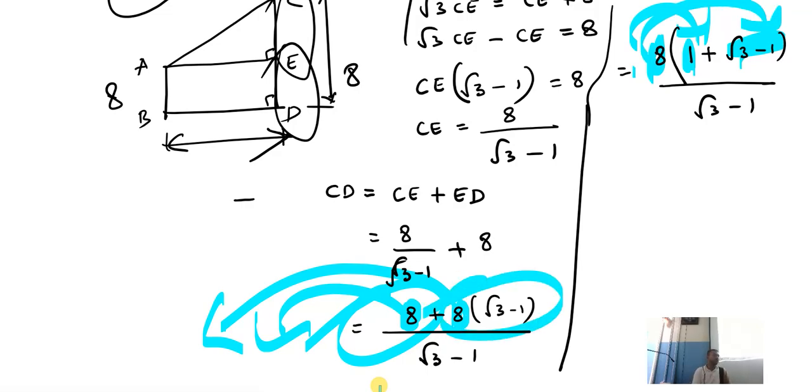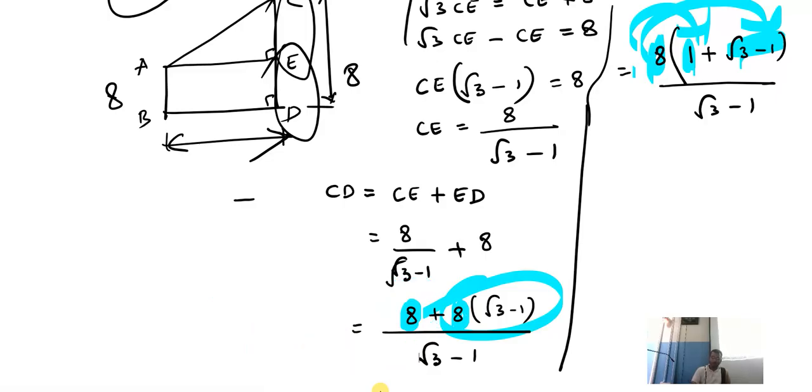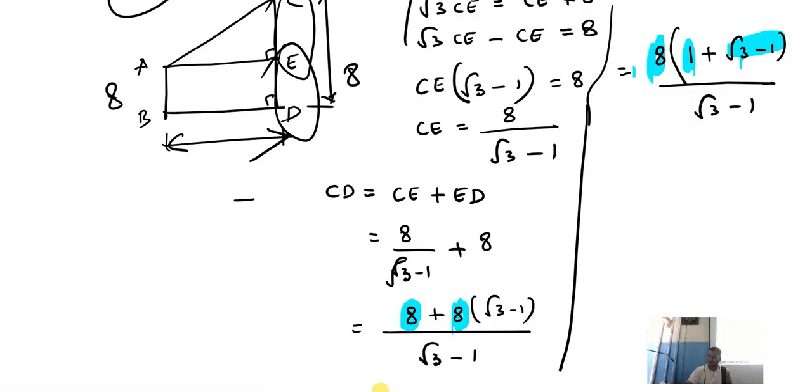That's what we have taken as the common factor. Done. Now, dear students, plus 1 minus 1 cancels. Now, what is left out? 8 into root 3. The left out part is 8 into root 3 divided by root 3 minus 1.